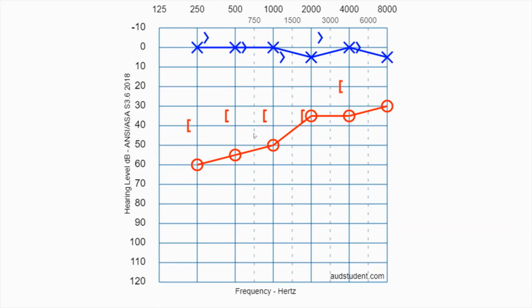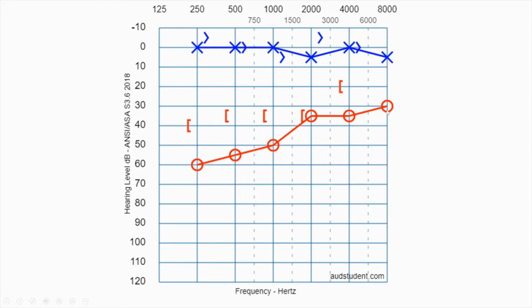Moving on to our third question, what general shape do the thresholds give us? By and large, normal hearing is going to be flat because there's no loss. However, for our right ear, in the lower frequencies, it seems to be poorer than the high frequencies.